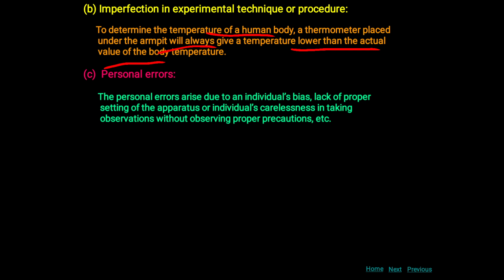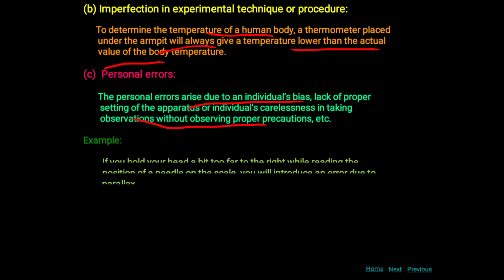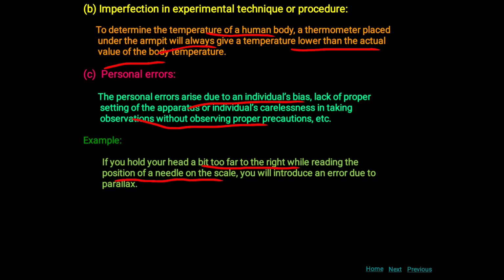Personal error arises due to individual bias, lack of proper setting of the apparatus, and individual carelessness in taking the observation without observing proper precautions, etc. For example, if you hold your head a bit too far right while reading the position of the needle on the scale, you will introduce an error due to parallax.